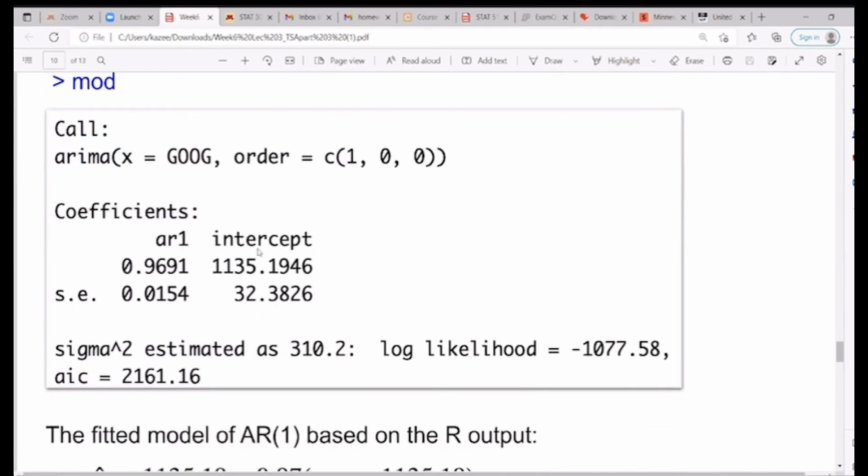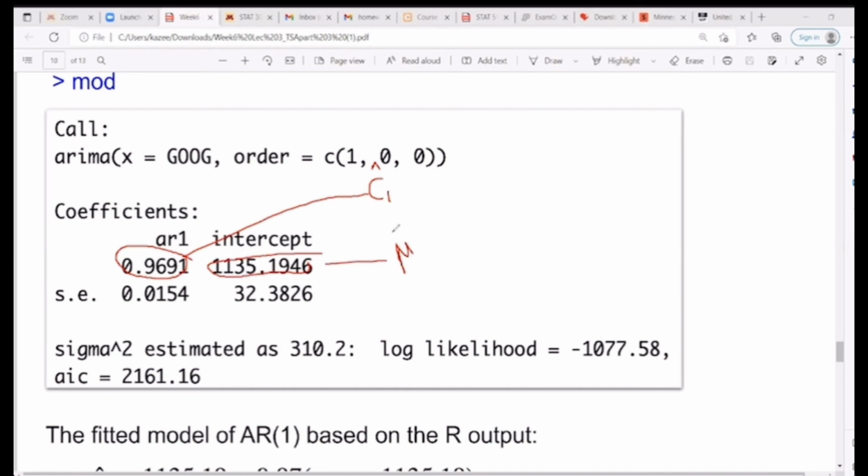Now, this is the output. There's something very important in this output. This here is your C1, the estimated C1. This here is the estimated mean.